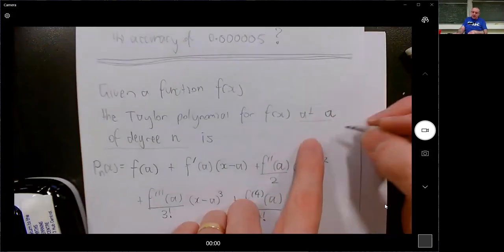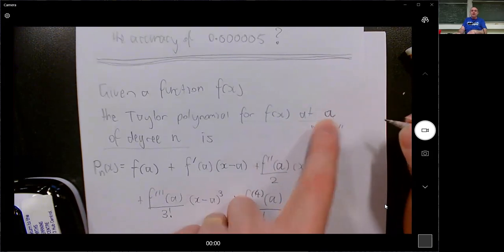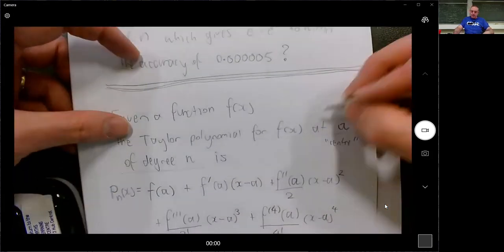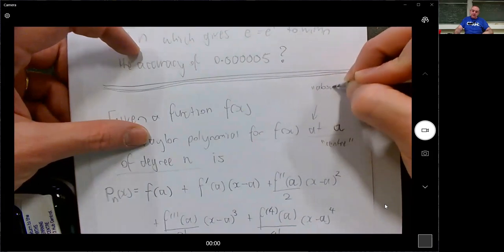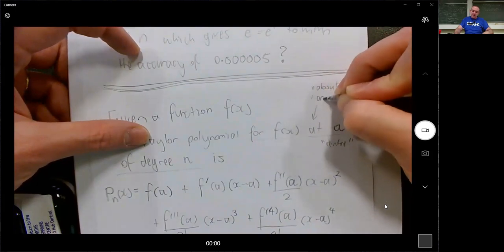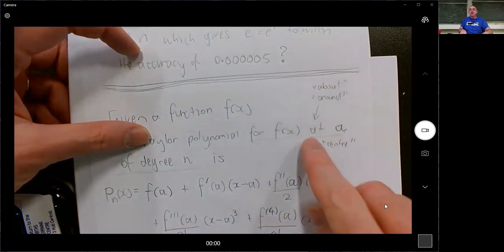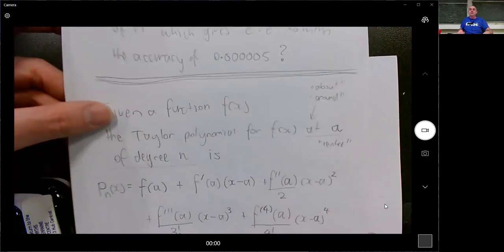I call this the center, that thing there. Other people call it other things. And I should also say that the word "at" could have been "about" or "around", possibly. Any word that says that this is like a location will do the trick. Okay.